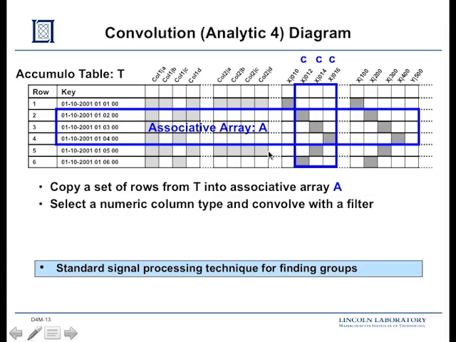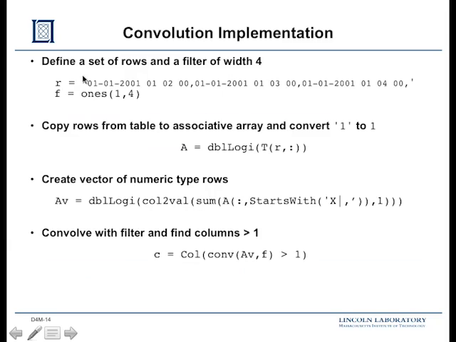And the way we do that is, once again, I give a list of rows that I want. I'm going to create a filter, which is essentially a box four wide. So I get my rows, and then I convert them to numeric.